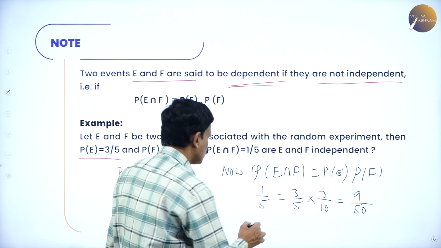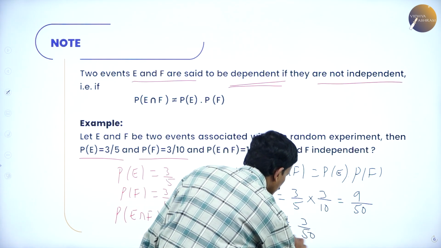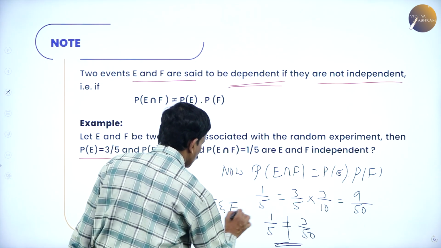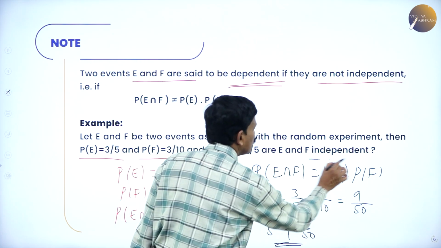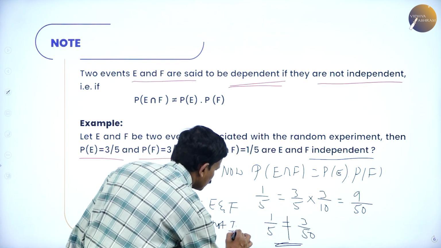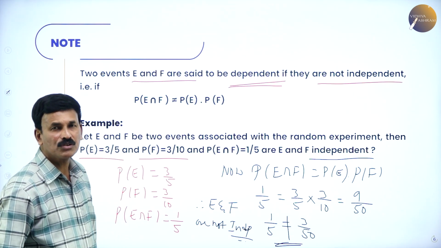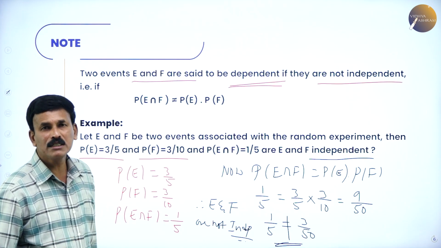So this is not equal. 1 over 5 is not equal to 9 by 50. So therefore, E and F are not independent events. If LHS is not equal to RHS, then they are not independent events.